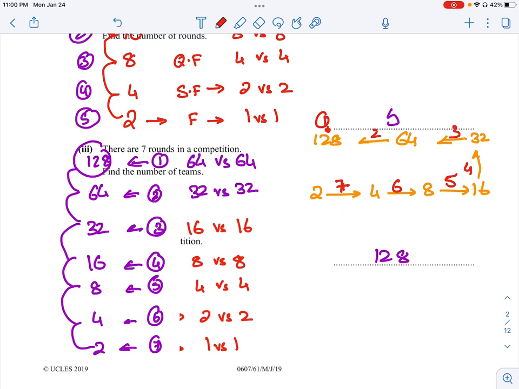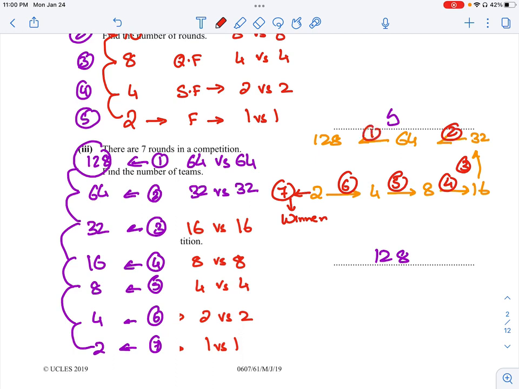Or else what we can do is like this also, if at all you get confused. These 2 teams play the 7th round to get the ultimate winner. 4 teams will play the 6th round. This is the 5th round, 4th round, 3rd round, 2nd round, 1st round.